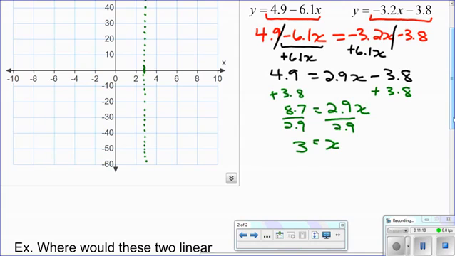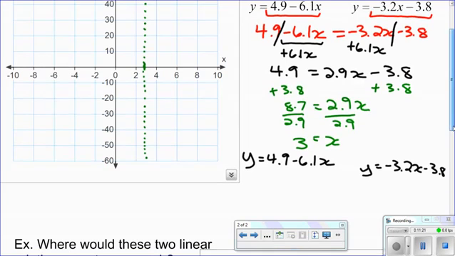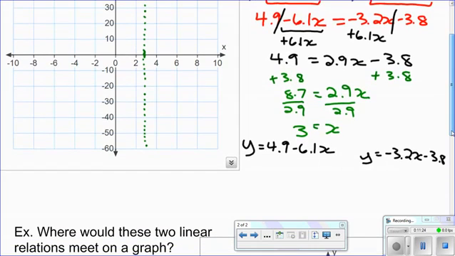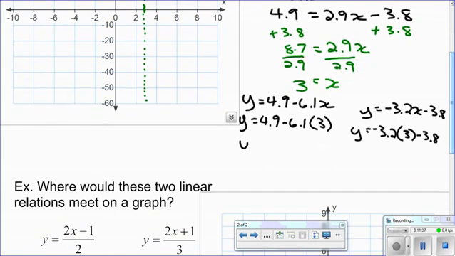And I could use either equation. I could either use y equals 4.9 minus 6.1x, or I could use y equals negative 3.2x minus 3.8. So I'm going to substitute this x value into the equations. So now that I've substituted in, I'm following that math, and I get negative 13.4.